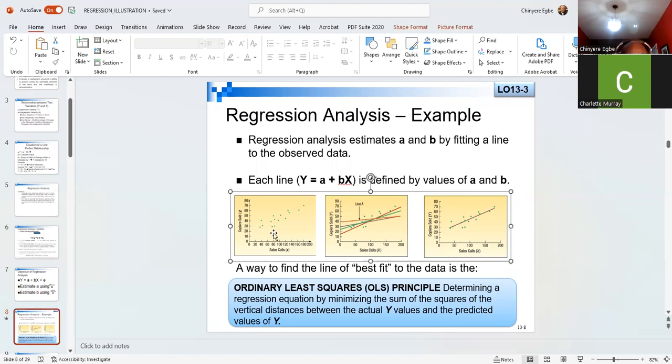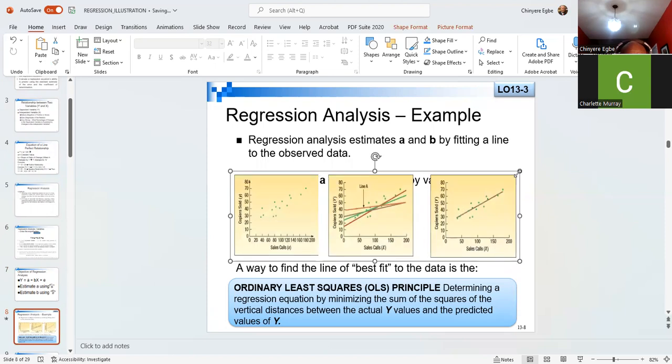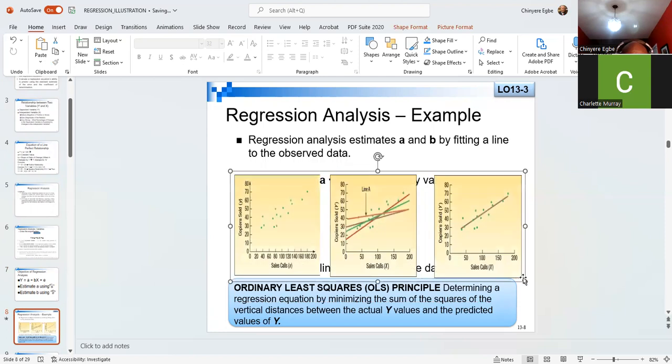If you look at the graph that is here, are you able to see it? Yeah, I can see it. Okay. So you see the dots there, and those dots will give you an indication that this relationship is positive because as X increases, Y is also increasing, so it slopes up. If it's a negative relationship, it will slope down.